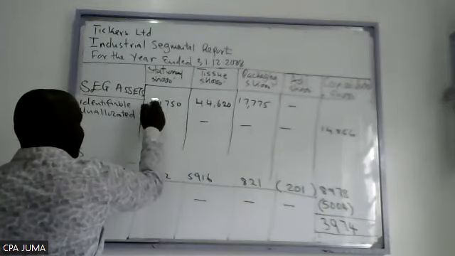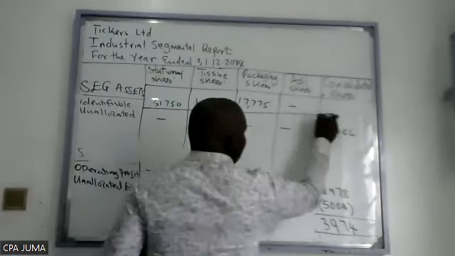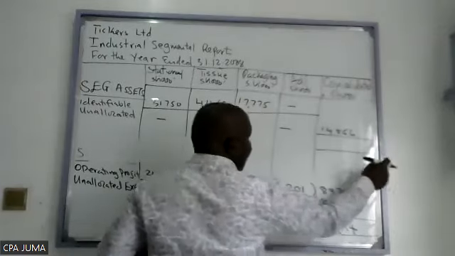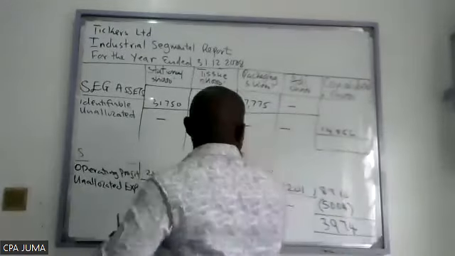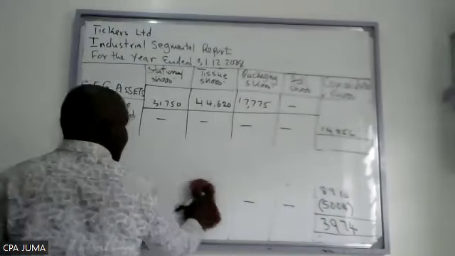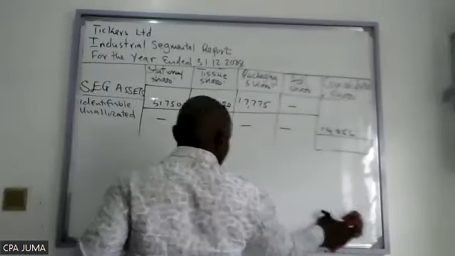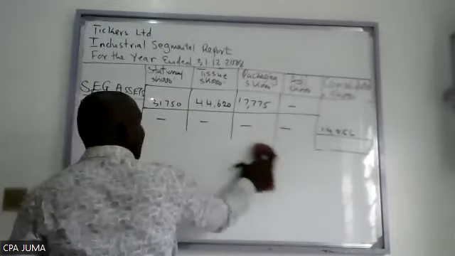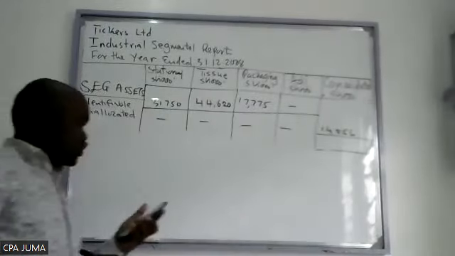So that one ends there, and this one will give us the total assets. They don't have liabilities. So that one ends at that stage.